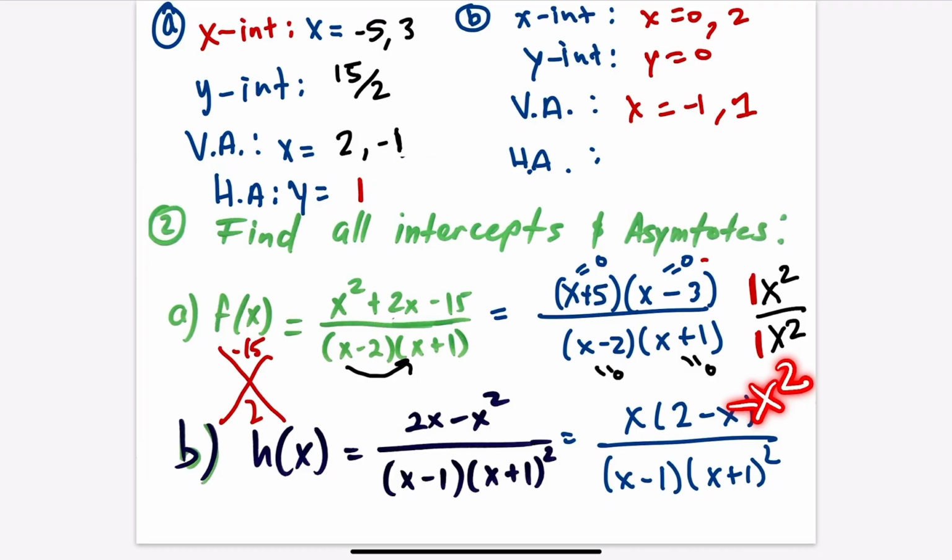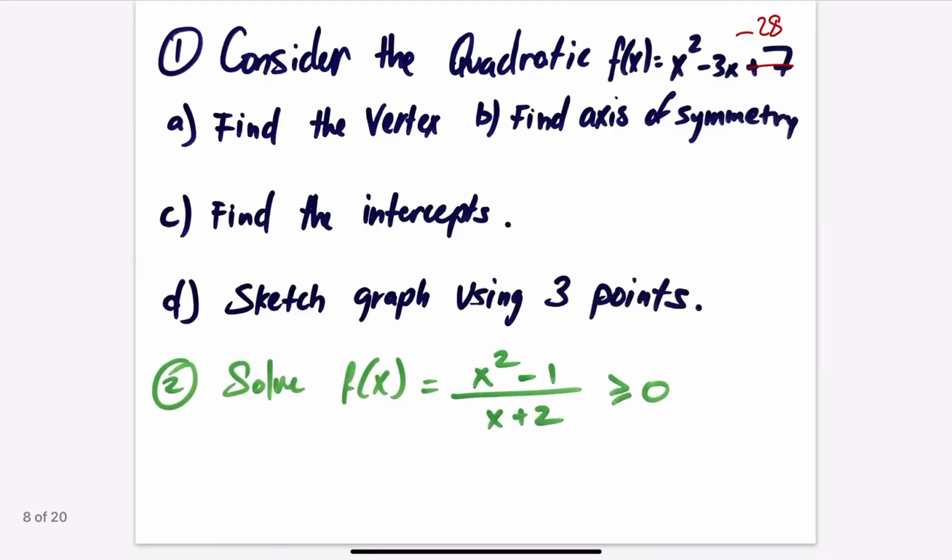And on the bottom, there's two x's here, and then one more here, so that's x cubed. So it's negative x squared over x cubed. When the denominator power is bigger, you have a horizontal asymptote at y equals 0. So y equals 0 is your answer here. And that's it. On to the next one.